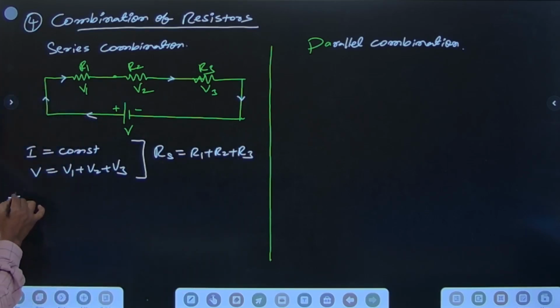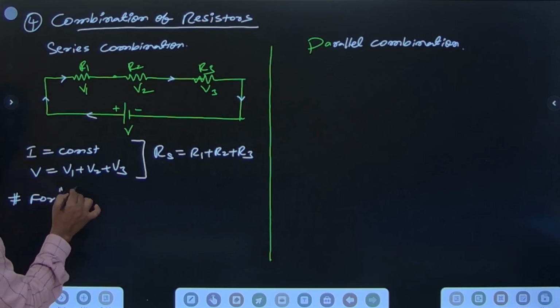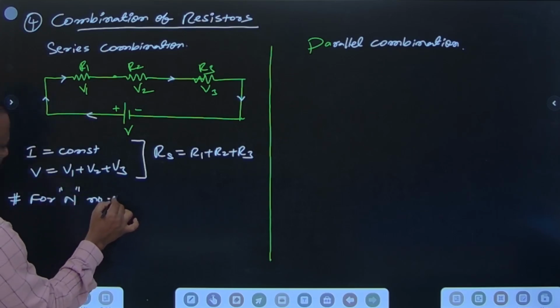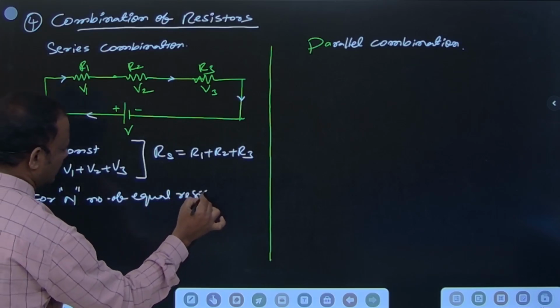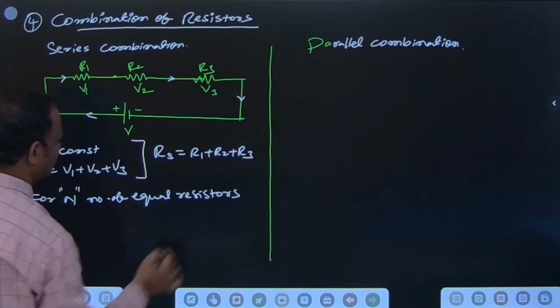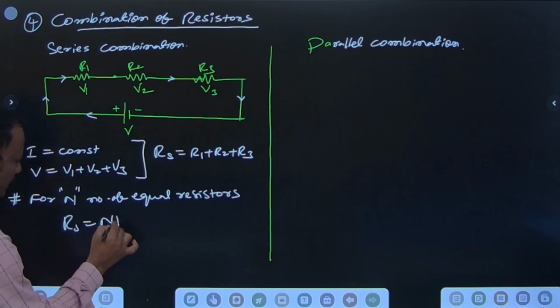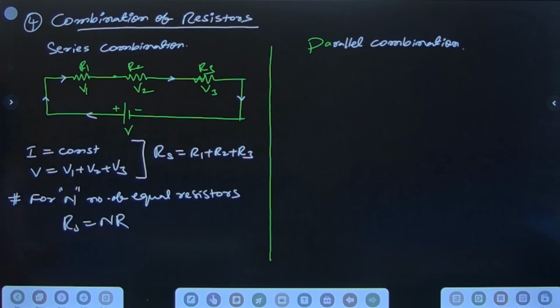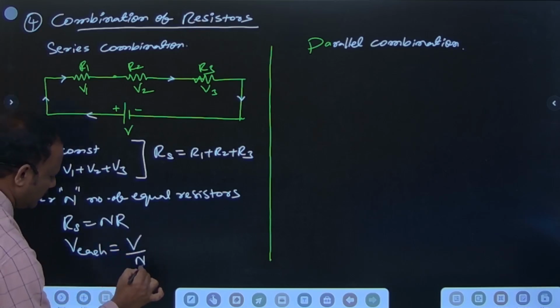For capital N number of equal resistors, Rs is equal to n into R, and the potential difference of each resistor is V by N.